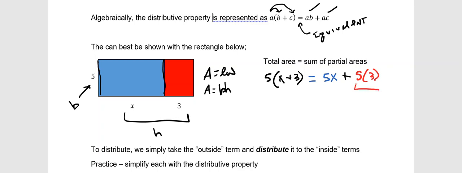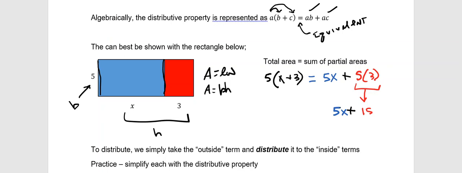Now, I understand we should all be looking at that and saying, hey, we can simplify this, can't we? So sure, we would do any simplifying that we can. So in the case of the 5 times 3, we know that's 15. To go along with the 5x, since I don't know what x is, all I can do is represent the blue area algebraically with the variable still included.